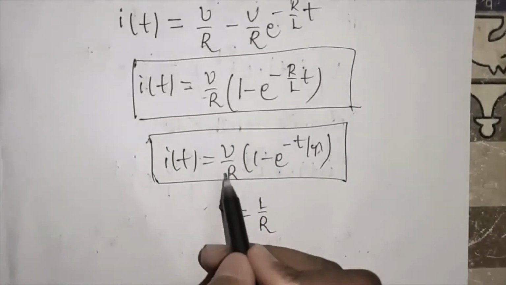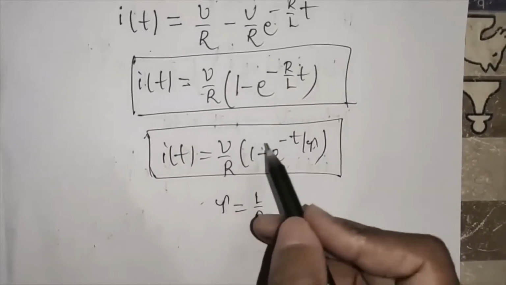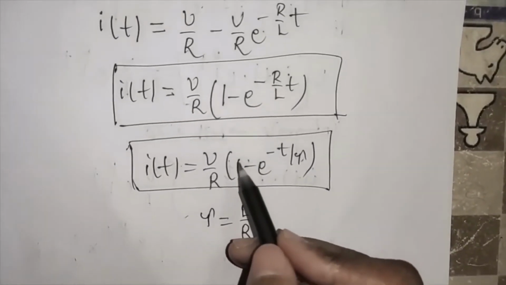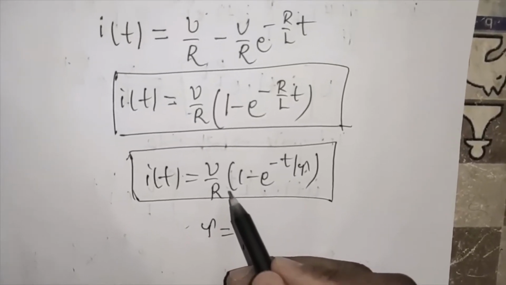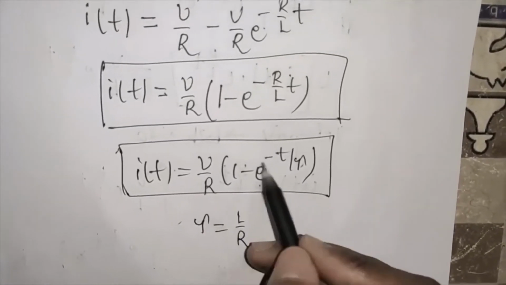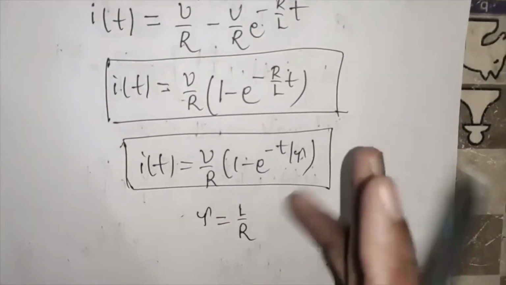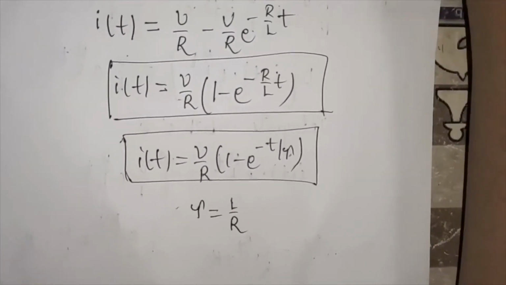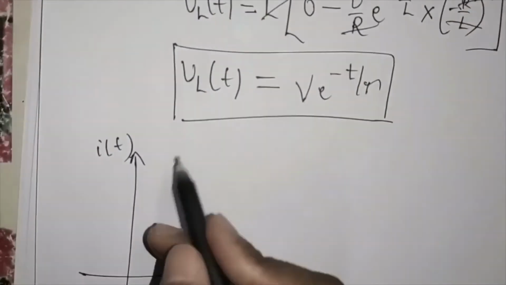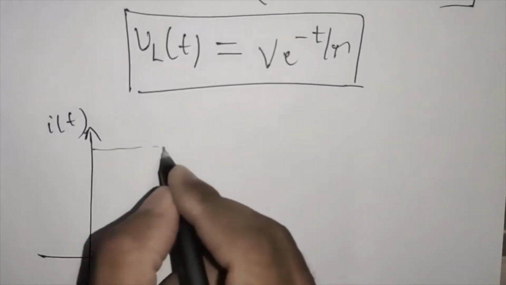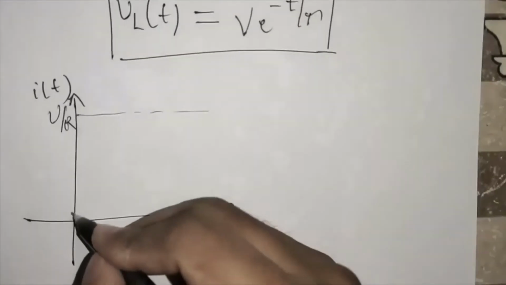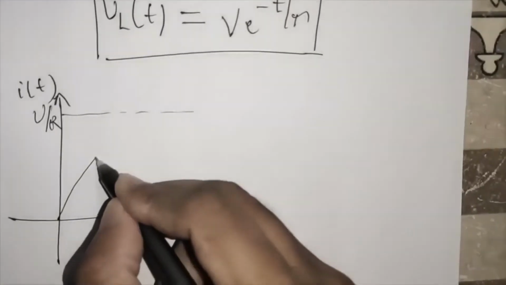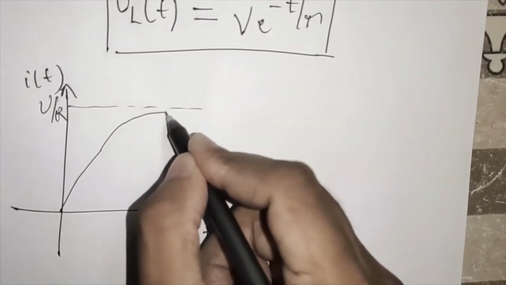So the steady state value is V by R. Hence we have 1 minus e power minus t by tau, it means that this value is exponentially increasing till V by R.